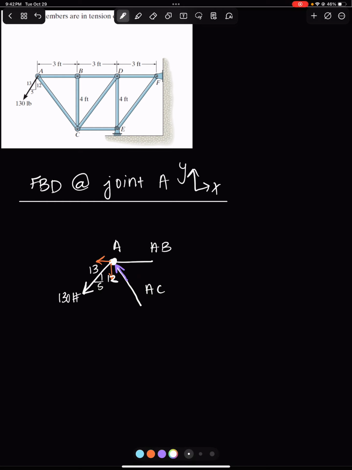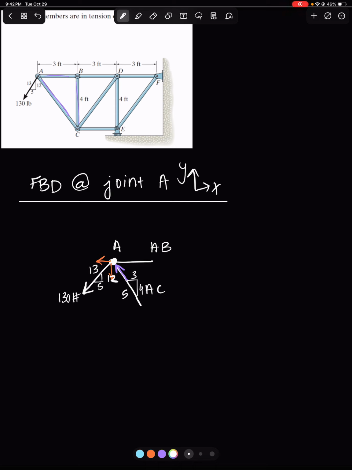And let's go ahead and draw our slope triangle for that. You can see up here, AC is right here. This triangle is 3 feet in the horizontal, 4 feet in the vertical. So the slope triangle is going to be a 3 by 4 by 5 triangle.